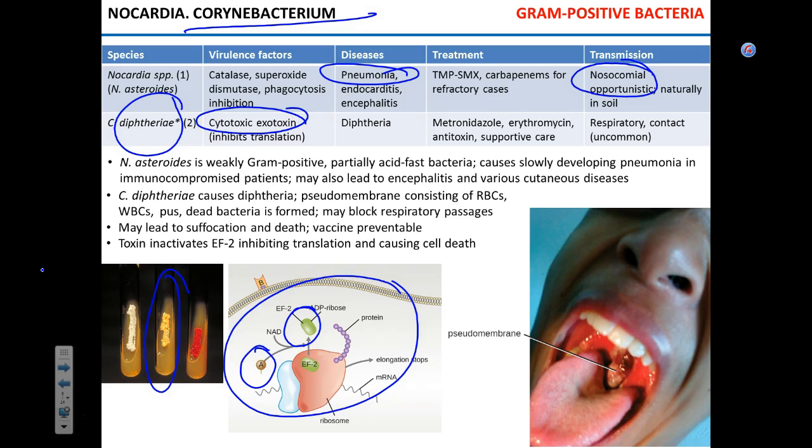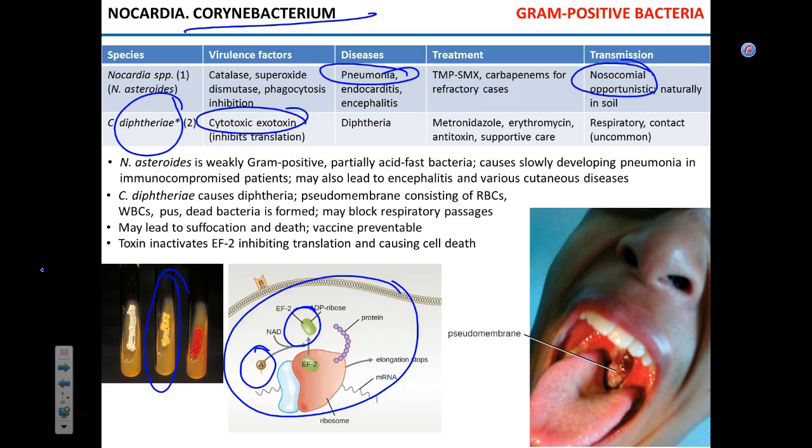Innate immune cells. What do you do with the dead or inflamed cells and bacteria in the site of infection? What your innate immunity does with them? Phagocytose. So they attract phagocytes, neutrophils and macrophages. Neutrophils die, macrophages not really, but eventually they will.